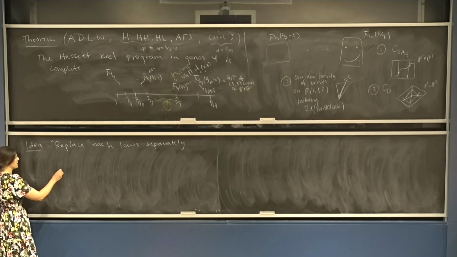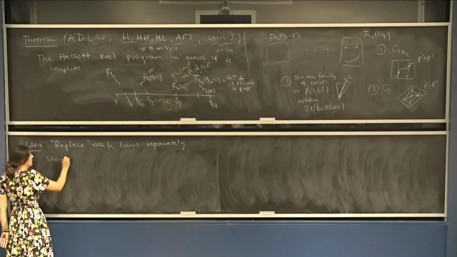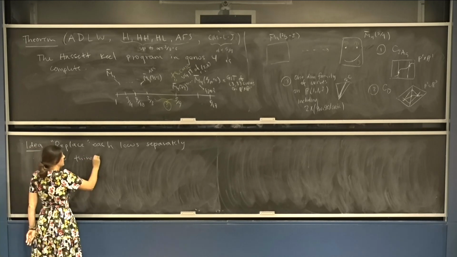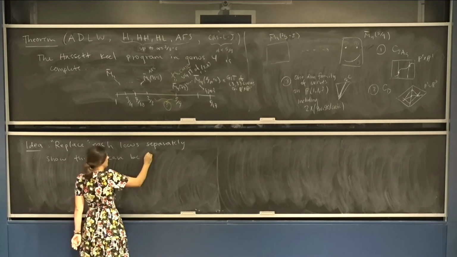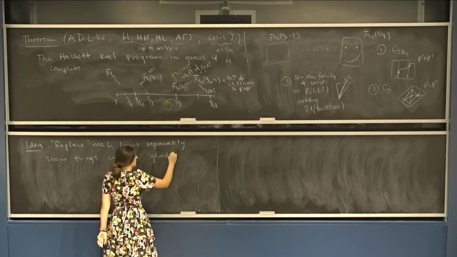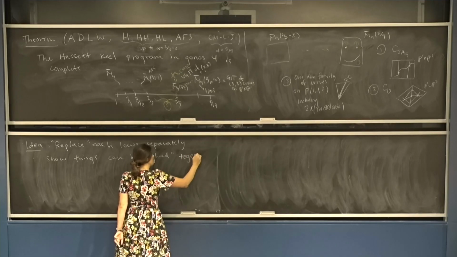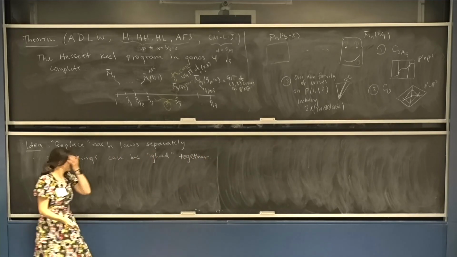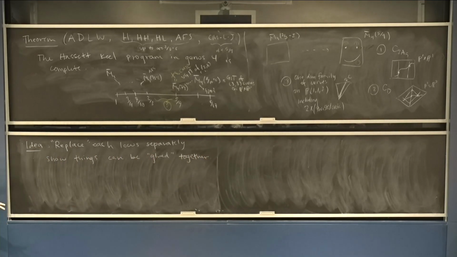So replace each locus separately and show things can be glued together. And I mean, this makes it maybe sound, you have to show something, but essentially we're just going to define the moduli space for each alpha to be the union of particular open sets. Okay? And how do we do this?